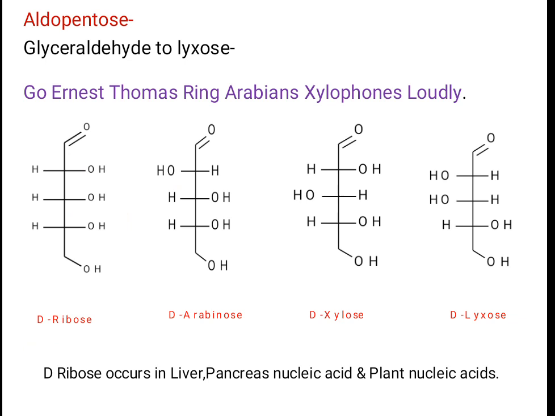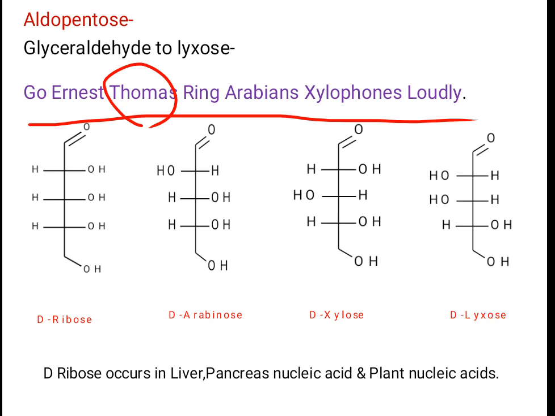Now how to remember this? There is a process by which you can remember from glyceraldehyde to lyxose by this line: Go, Ernest, Thomas, ring Arabians xylophones loudly. Go means glyceraldehyde, Ernest comes from erythrose, Thomas threose. Actually I prefer to write Thanos, not Thomas.